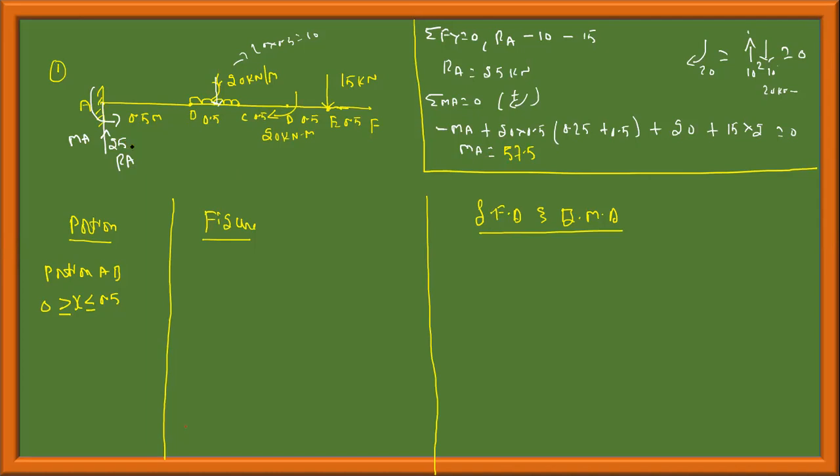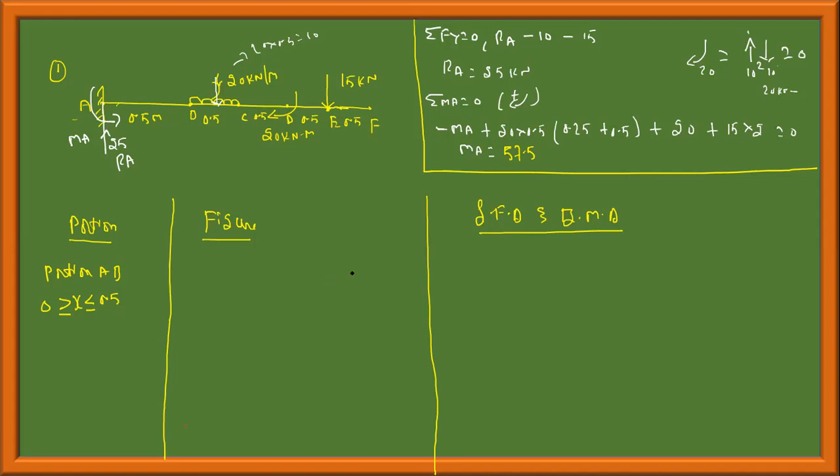The sign and the direction we have assumed are correct. Hope you understand this. If this were minus 57.5, then I would have taken my MA in the clockwise direction. But since I got 57.5 as positive, MA is acting in the same sense as what we have assumed.